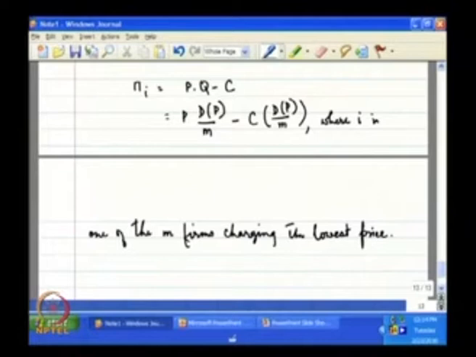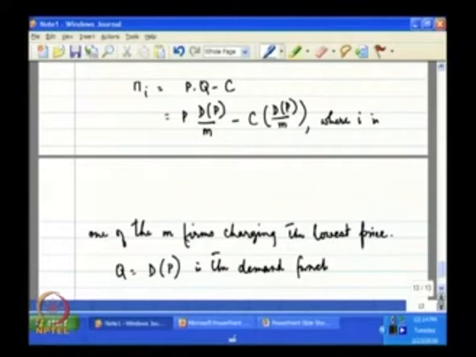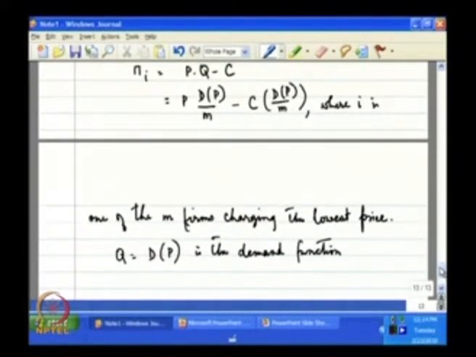So, each firm is going to get D(P), the demand function, divided by M, minus the cost, and your cost of production depends on the quantity that you produce.